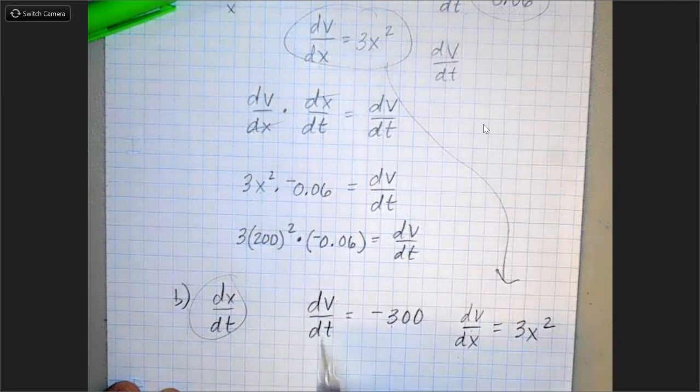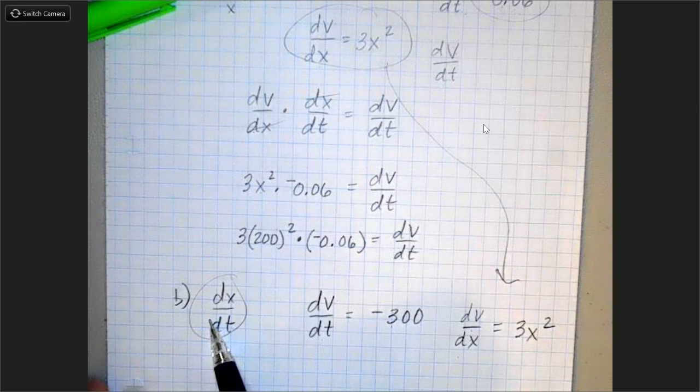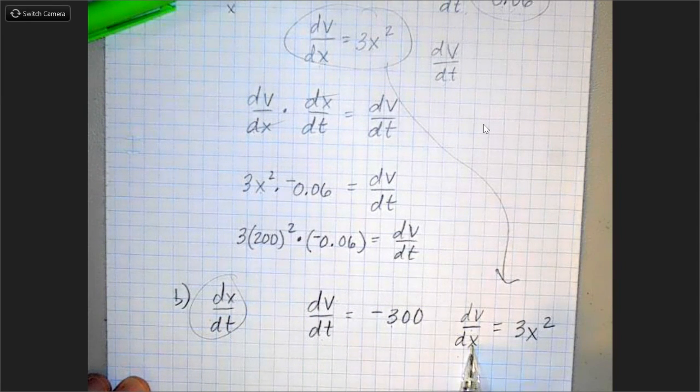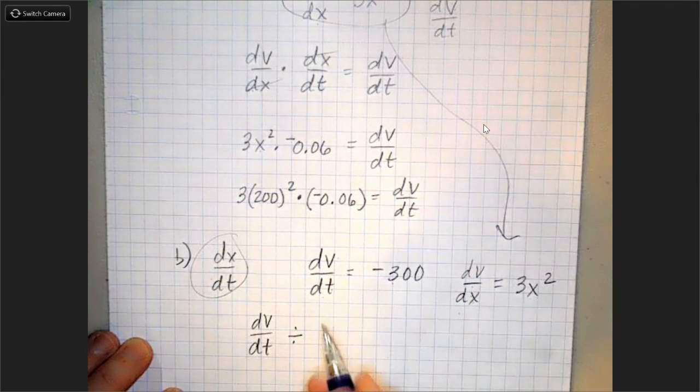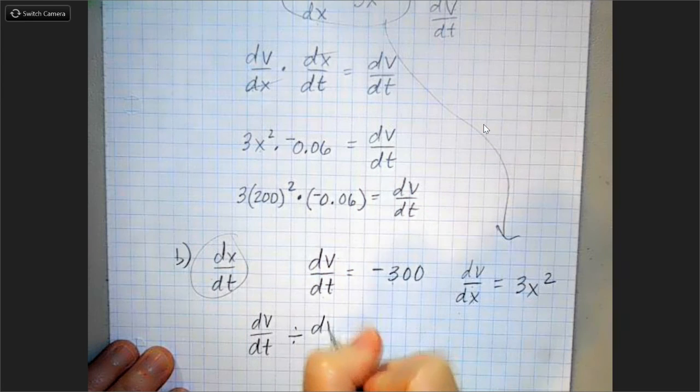So now if I put these together, if I multiply them, I'm not going to end up with this. So what I need to do, it looks like I'm going to have to divide them because I want the x to be on top and the t to be on the bottom. So I'm going to have dV/dt divided by dV/dx.